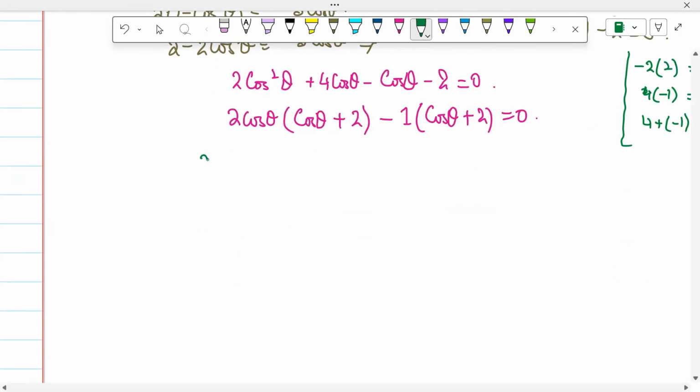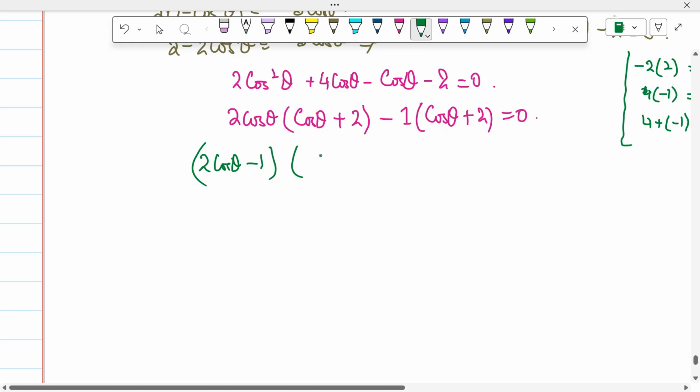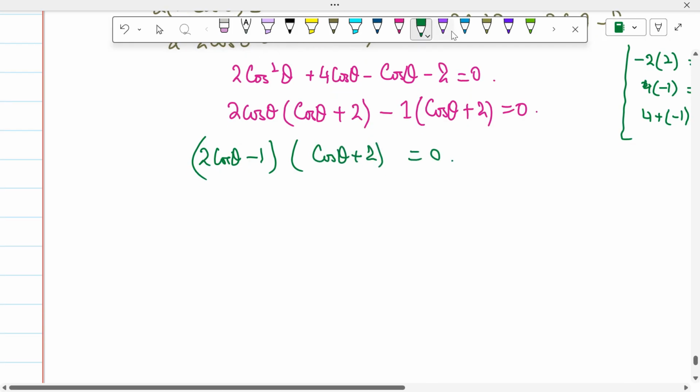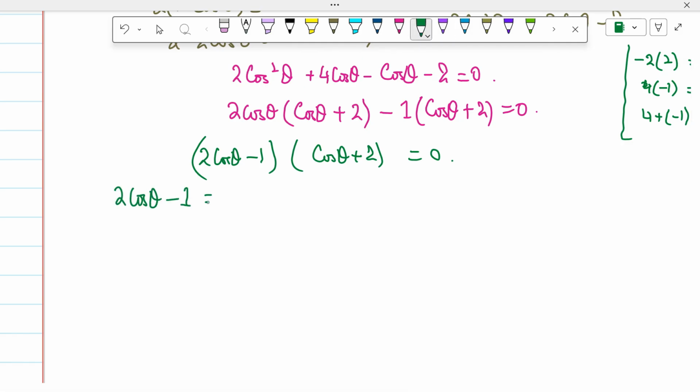For solving, we will have 2 cos of theta minus 1 times cos of theta plus 2 equal to 0. So we have two factors, equating each with 0. We will have 2 cos of theta minus 1 equal to 0. On the other side, we will have cos of theta plus 2 equal to 0.